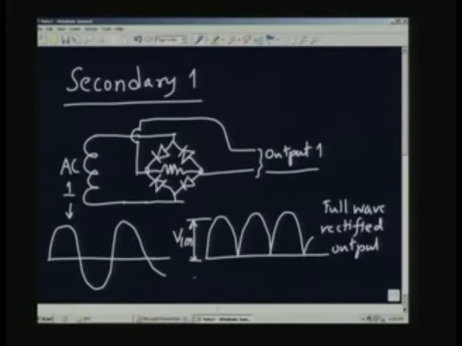This will depend on the core position, a function of the core position.